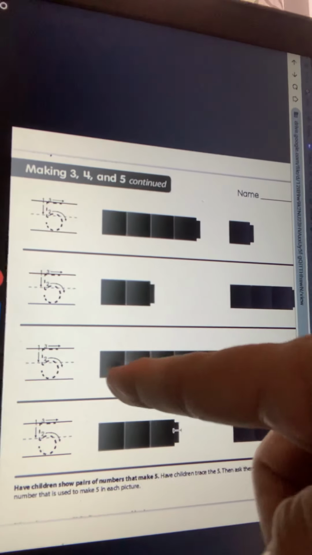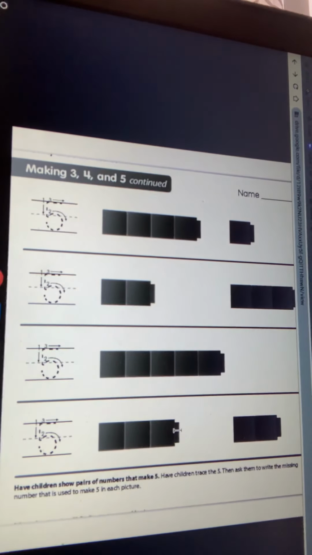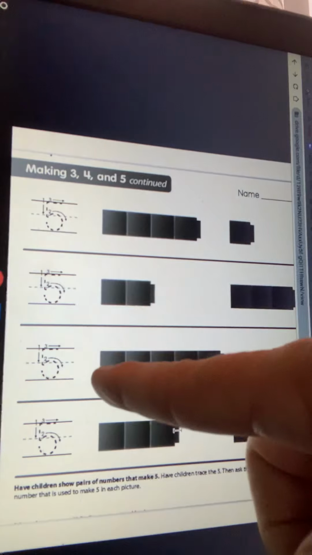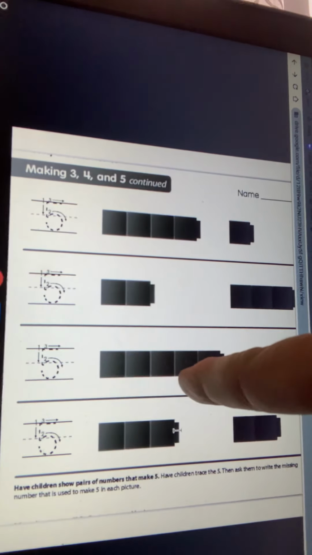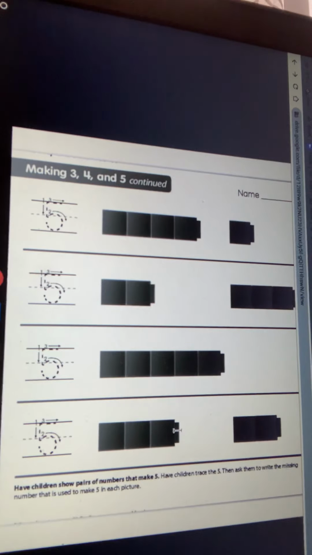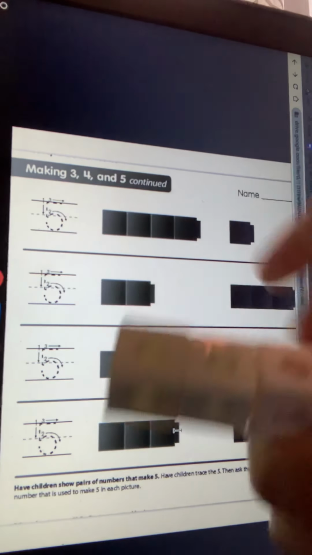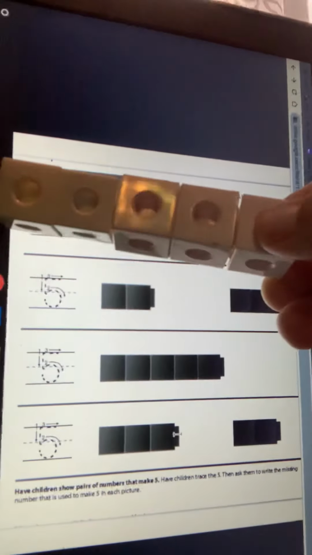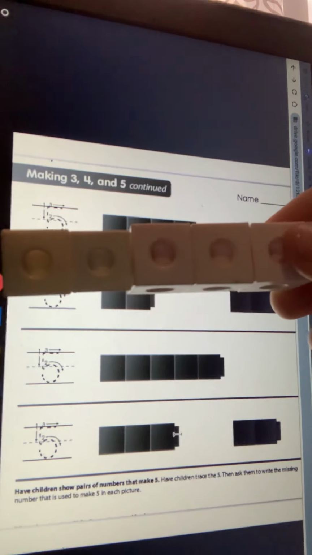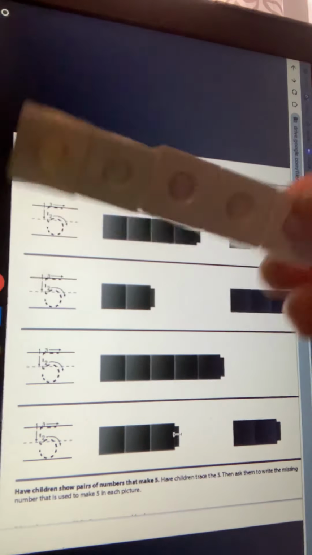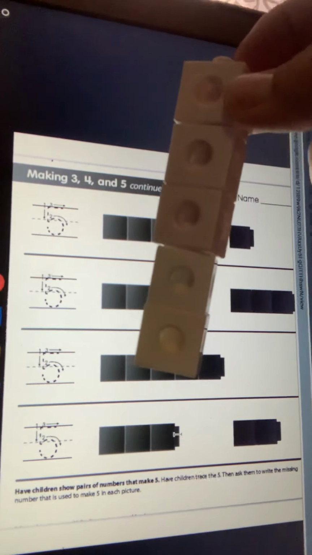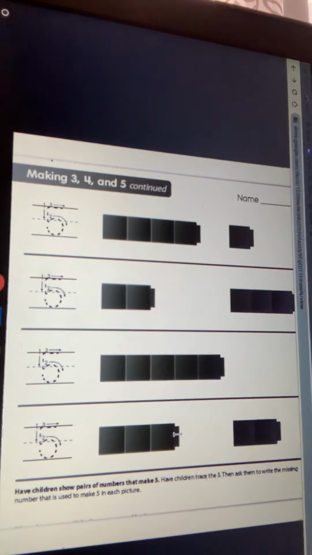Look at the next one. Let me count those to see how many. Count with me. 1, 2, 3, 4, 5. I have 5 blocks. How many more do I need to make 5? 0. I already have my 5 tower. I don't need to put any more on there to make 5.